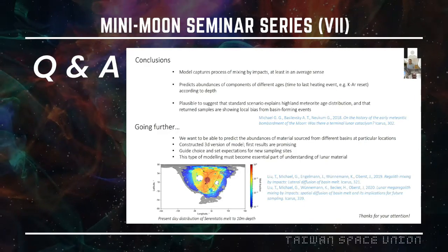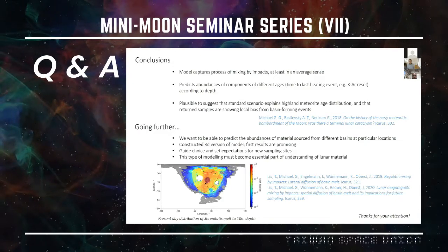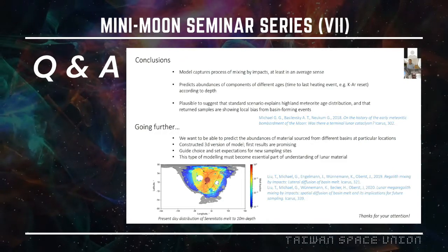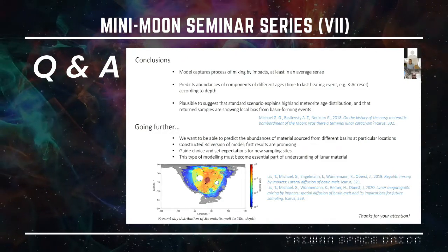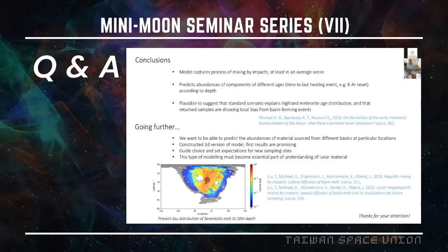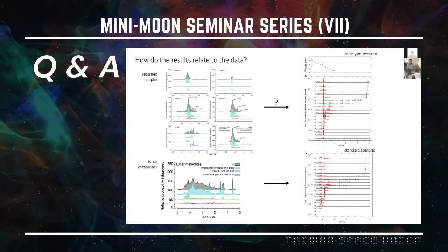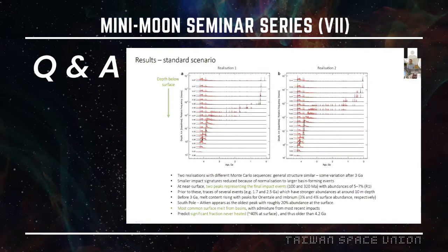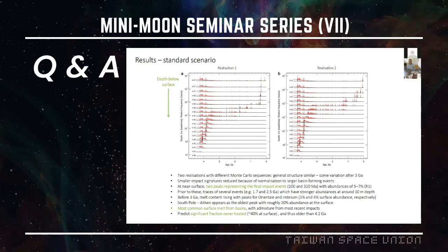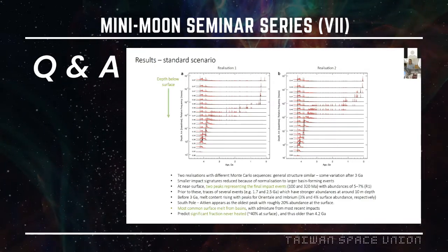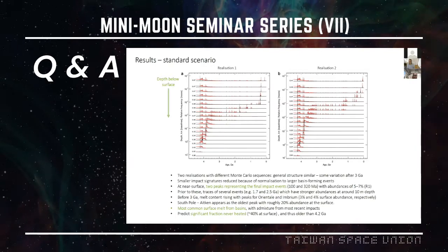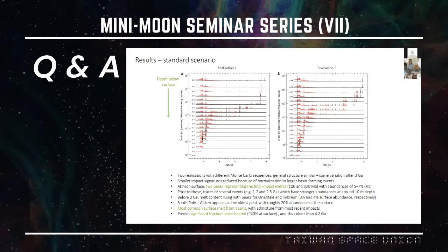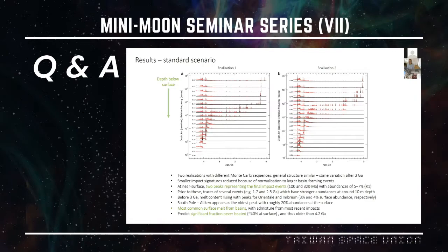I have been talking to the people who do some of this dating about what it would mean if you were to look at some of the much smaller grained material in the breccias. So as I mentioned back here, our model predicts that there is a lot of material which has never been heated, at least not within the history of the observable basins on the moon. So this material should predate the oldest basins that we see on the moon.